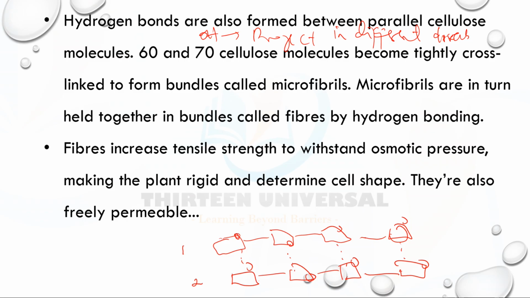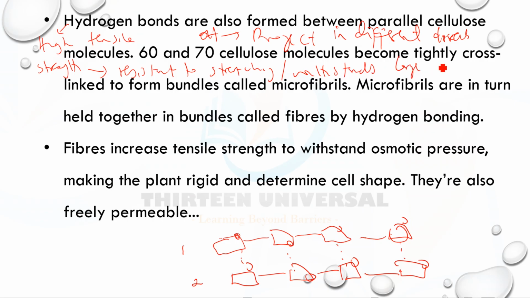That hydrogen bond gives cellulose a property called high tensile strength. High tensile strength is why cellulose is resistant to stretching, or can withstand large pulling forces.